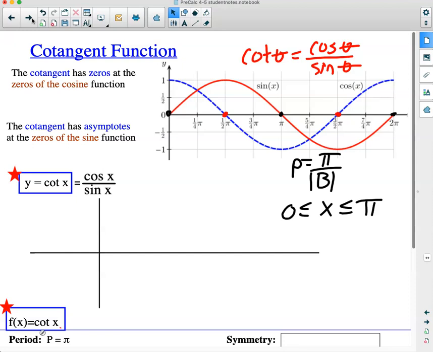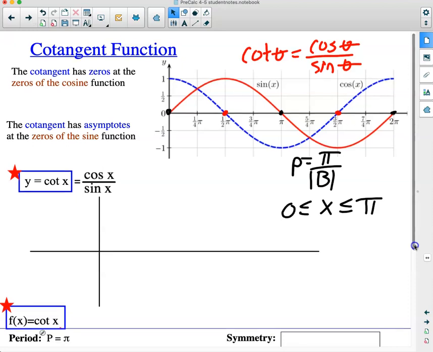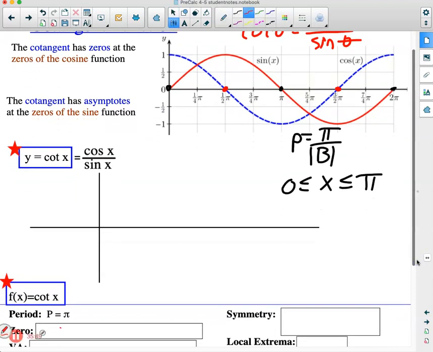Need to graph it. It's got a period of 1 pi. Critical points, I'd have to divide that by 4, so pi over 4, pi over 2, 3 pi over 4, 1 pi.